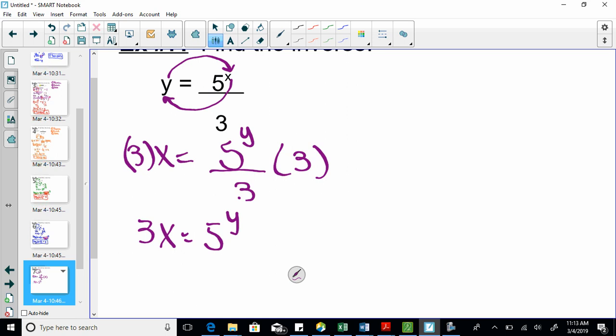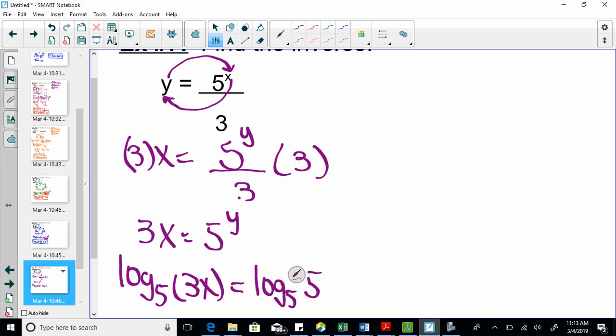And once again, I have to solve for y by getting rid of that 5. And how do we get rid of that base 5? We bring in log of base 5 of 3x on the first side equals log of base 5 of 5 raised to y.